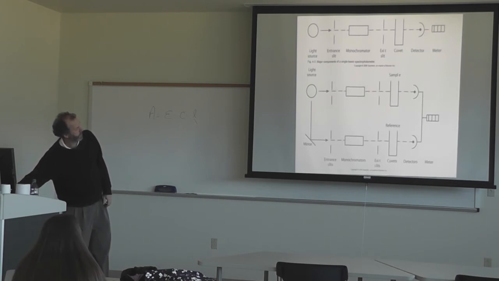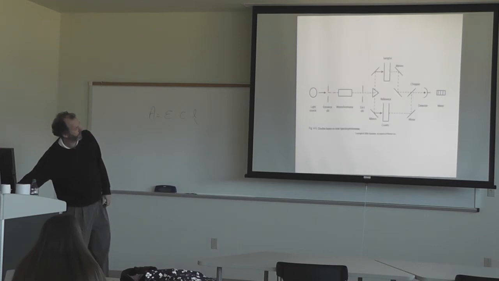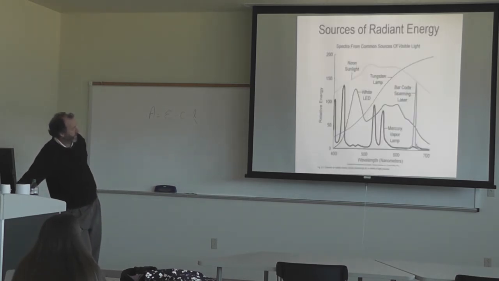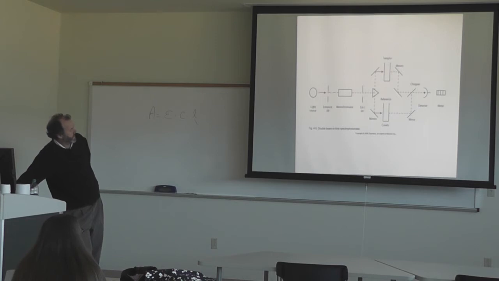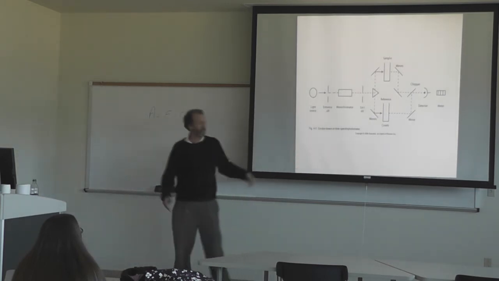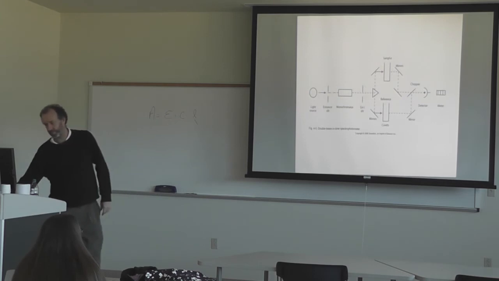So what's the difference between these? This one has a chopper, and this one doesn't. What would be the advantage of using a machine like this that has a double beam rather than a single beam?